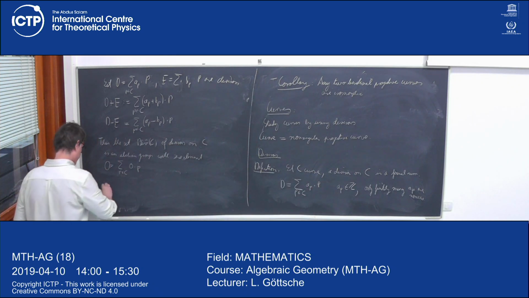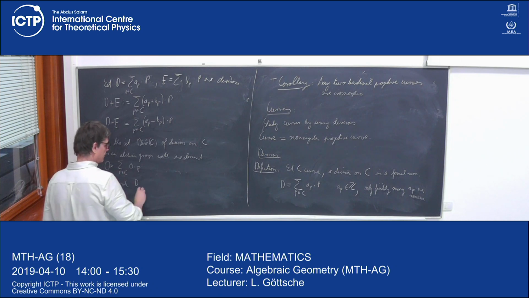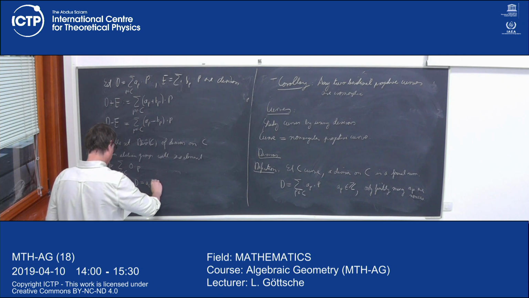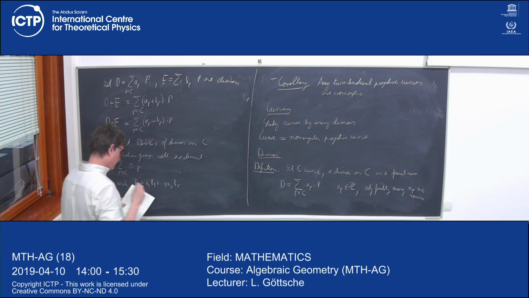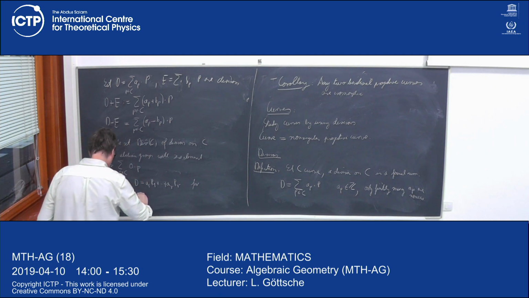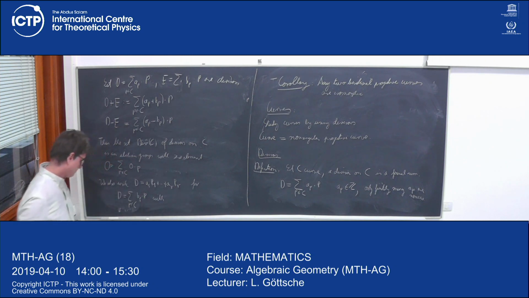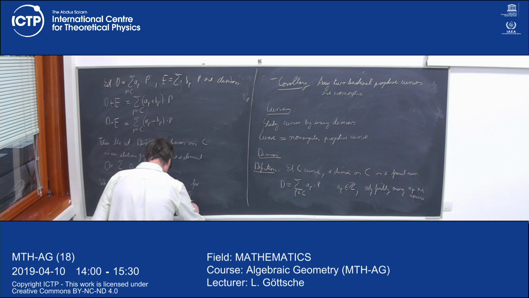We also write D equal to A1 P1 plus ... plus AR PR for D equal to the sum over P in C of EP times P, such that for all P, EP is equal to the sum over all I such that Pi is equal to P of AI.